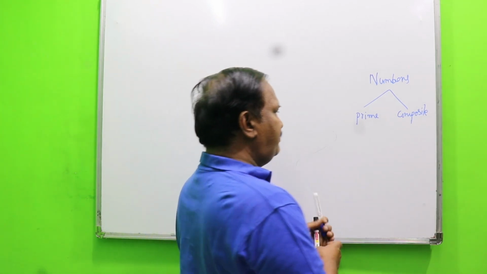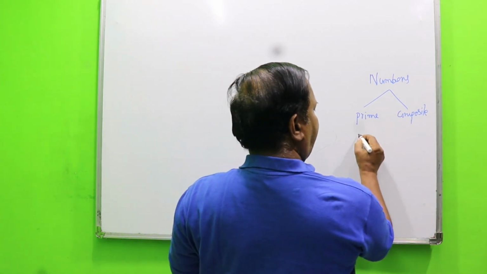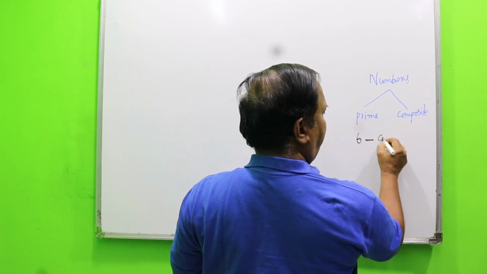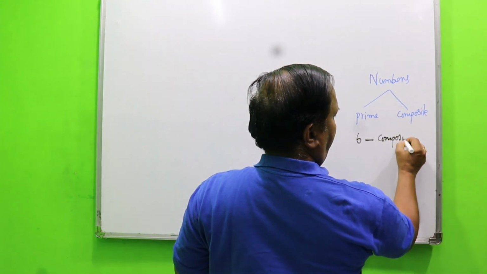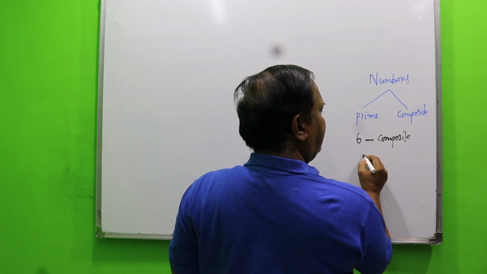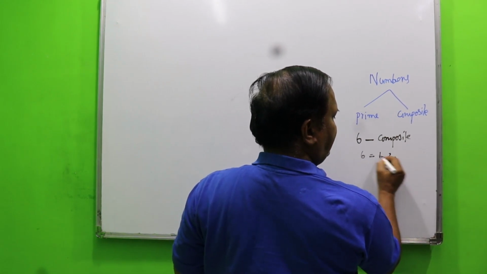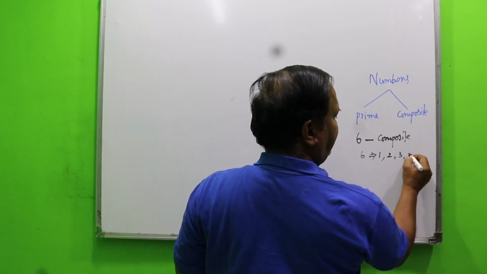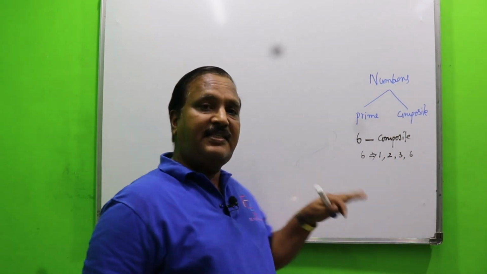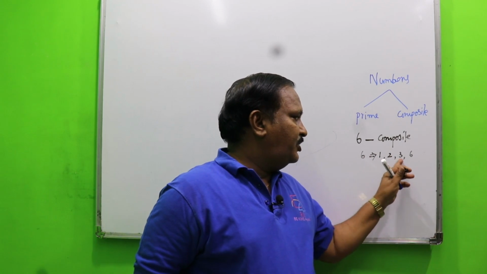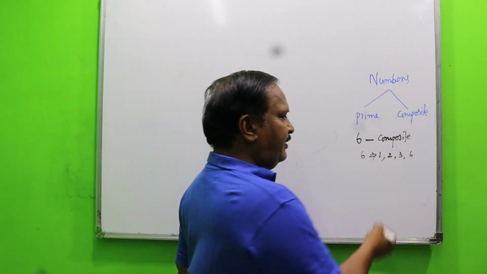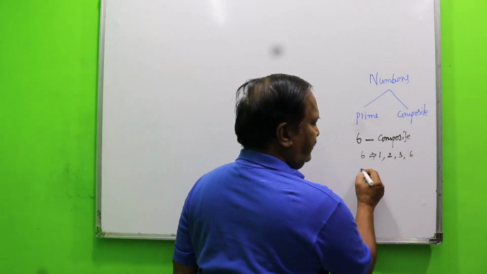I will give you an example also. For example, 6 is a composite number. The reason is 6 has the factors 1, 2, 3, and 6. 6 has four factors. Now take 7.